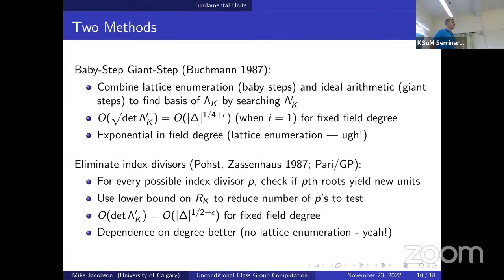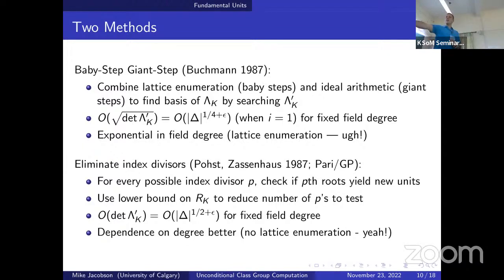So the problem with this is that if you could get a really big lower bound on the regulator, that reduces the number of primes that you have to check. But just a priori, if I hand you a field and say, well, what's the lower bound on the regulator? Pohst, Zassenhaus and further collaborators that they worked with later have clever ways to do that, but still the bounds are really small. They're on the order of log delta all the time.